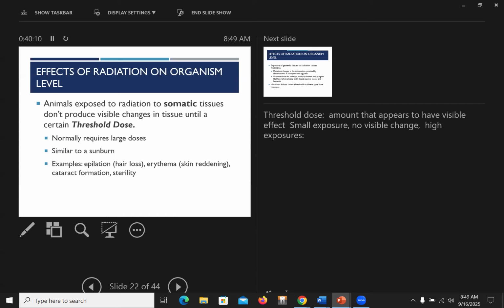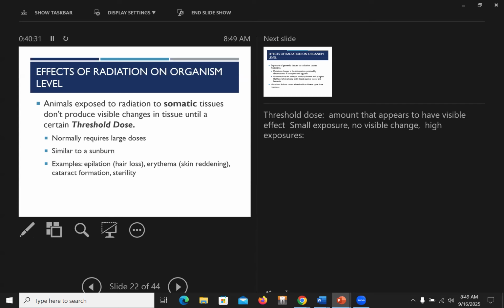So that is a threshold dose. You have to be exposed for a certain amount of time before you're going to notice the effects of the radiation on your somatic tissue. So it normally requires a larger dose, and it requires some time.